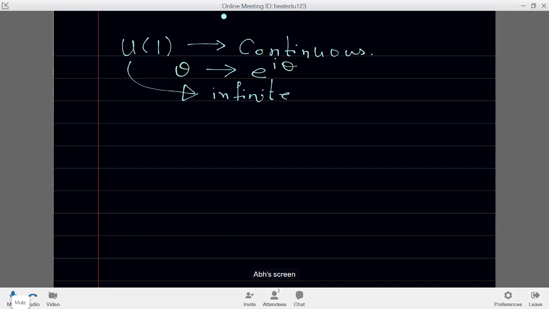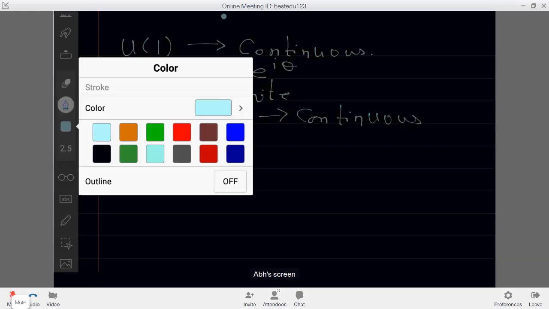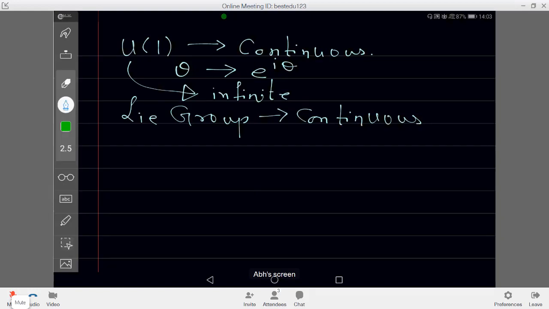Such kinds of groups have a name. They are called Lie groups. And Lie groups are continuous groups. Now I'm going to write a concrete definition of a Lie group, and then all along the way we will understand them.